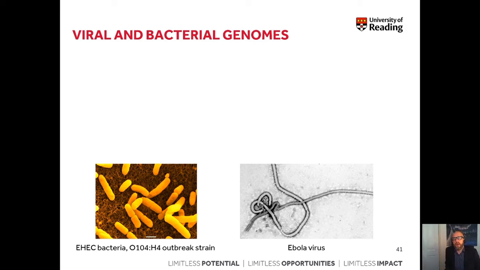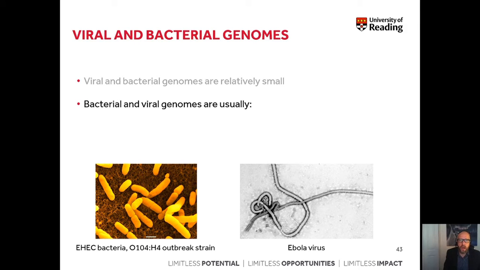If we look at viral and bacterial genomes, at the genomes of rather small organisms, then we will recognize that viral and bacterial genomes are relatively small. And the size of those genomes is usually also related to the nucleic acid present in those organisms.